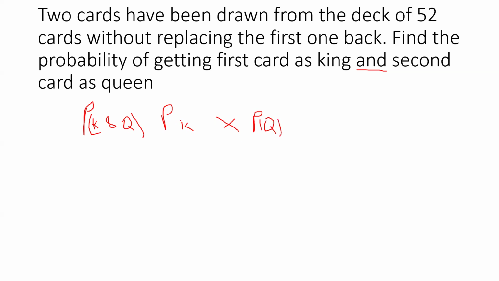Then there's a part here that says "without replacing the first one back". So the first time, how many kings do I have? I've got 4 kings out of how many cards? 52.